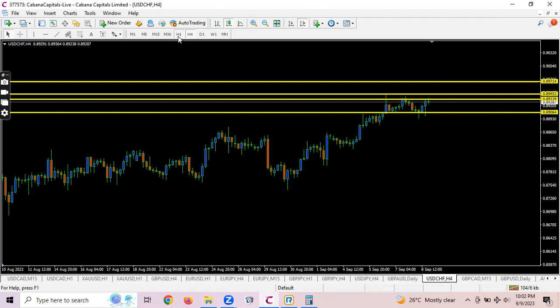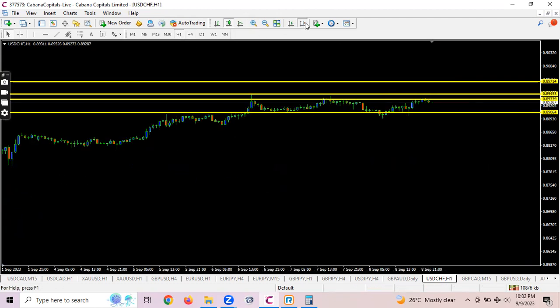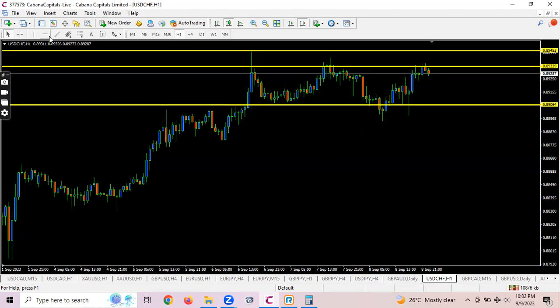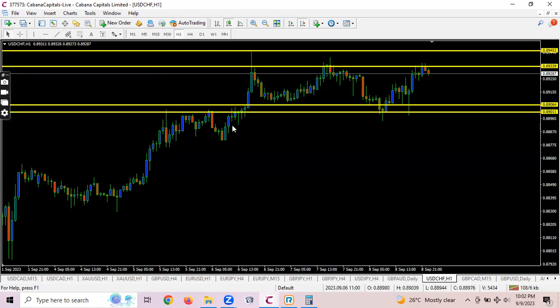Let's go to 1 hour to see if we have a new support on 1 hour. Okay, so on 1 hour, we had the support here. So this will be your sell. You can see support here. You go back here. What do you have? It was a previous resistance turned support, right?